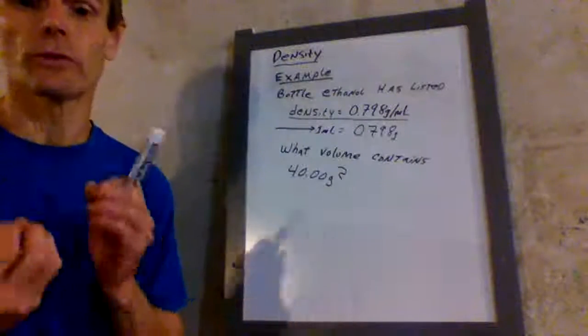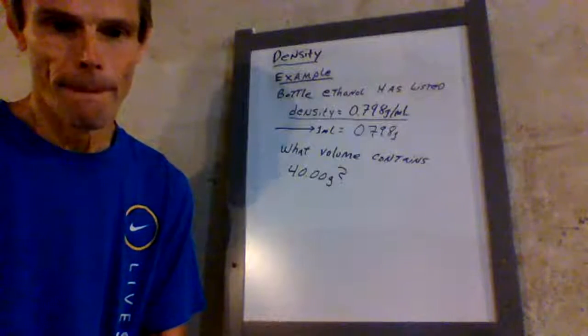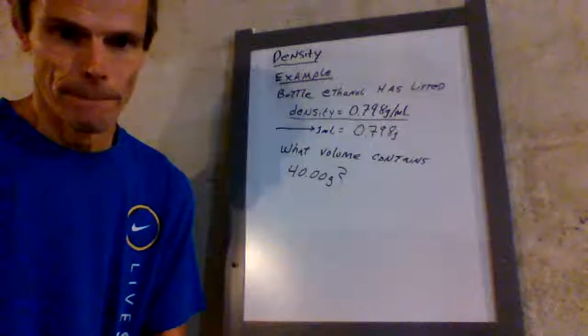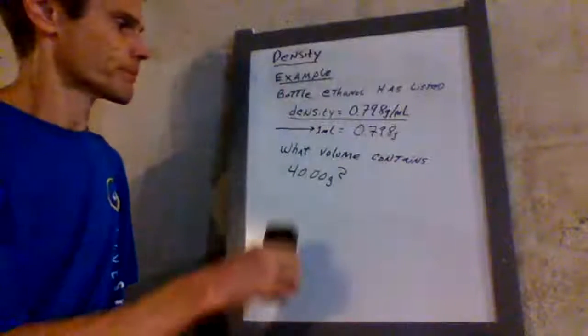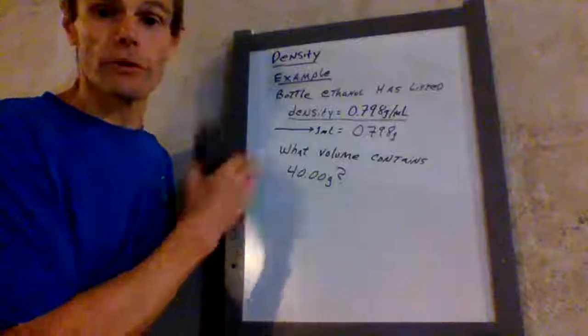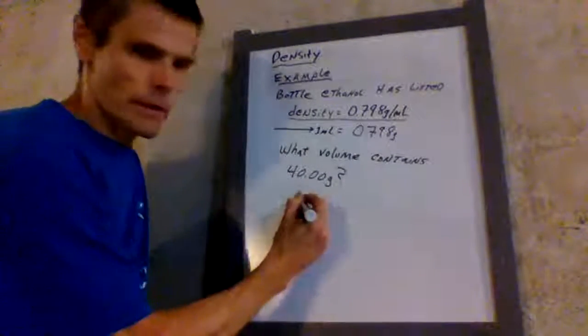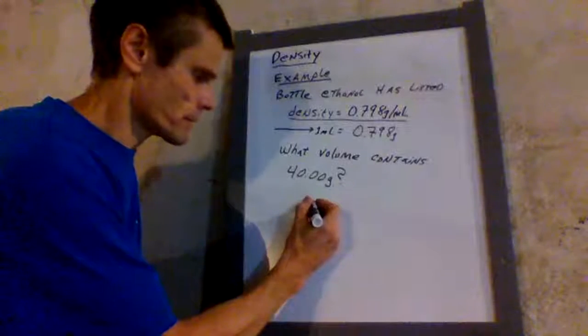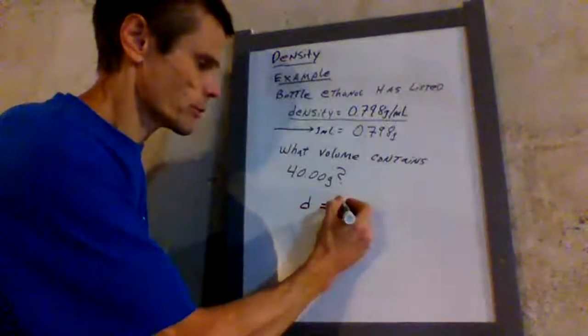Let's go through two strategies to solve the problem. Let's first of all use a little bit of algebra. One way we can solve it is simply writing down density is equal to mass over volume.